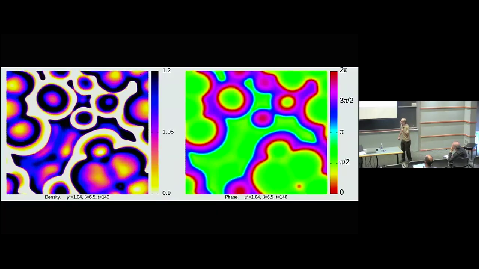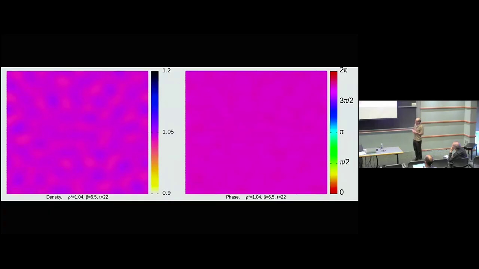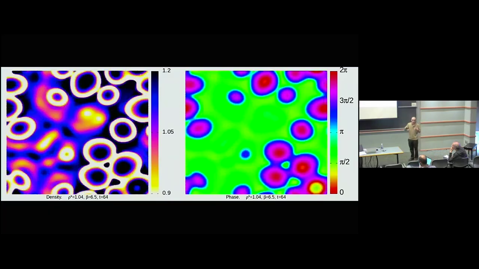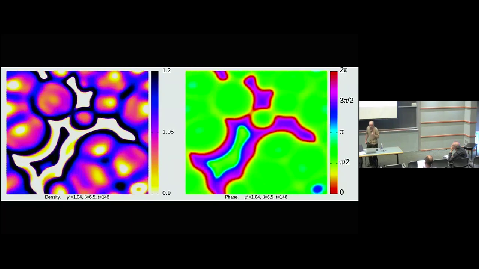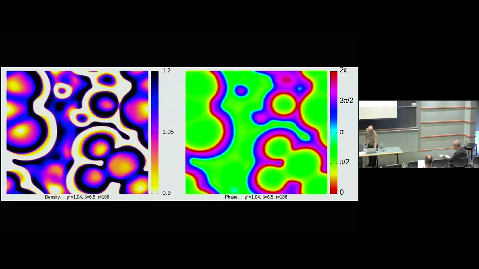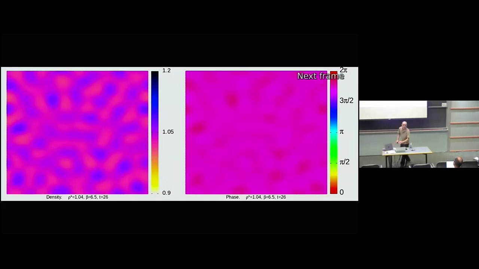And I would like to draw your attention to the fact that these pacemakers actually have a specific structure in space, which is set by the early instability. So in particular, if you start from a homogeneous configuration, you can show that the first instability that kicks in is actually a spiral instability, which will lead to a modulated density, which is what you see here on the left.